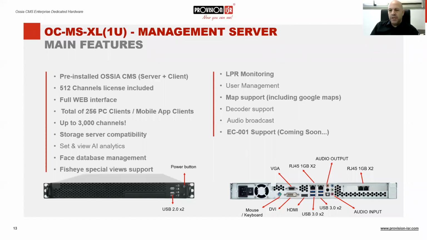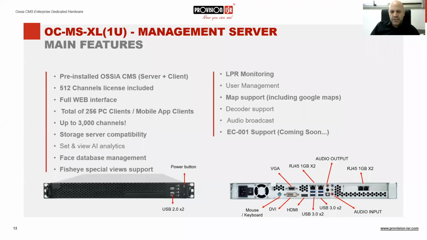This is what an integrator will pay locally for a PC-based computer that can meet that requirement spec. And then, of course, he needs to buy the enterprise licenses. Whether you have a 300 channel project or a 500 channel project, whatever number of channels, you need to buy the licenses and pay for them as well.